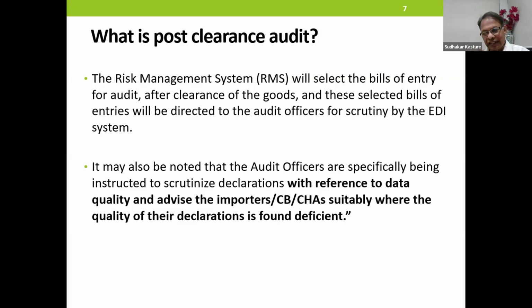In other words, when 100 bills of entry are filed, only 2 may be selected for practical examination. In other words, 98% of the cargo under low risk gets cleared without any kind of audit objection per se, or without any kind of practical scrutiny.